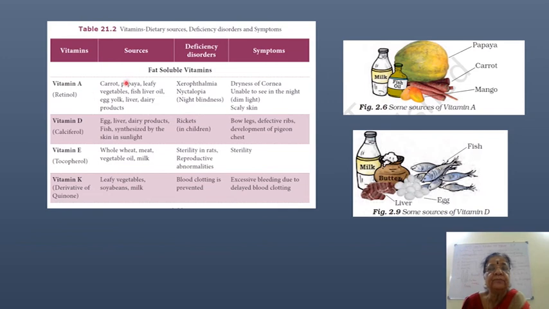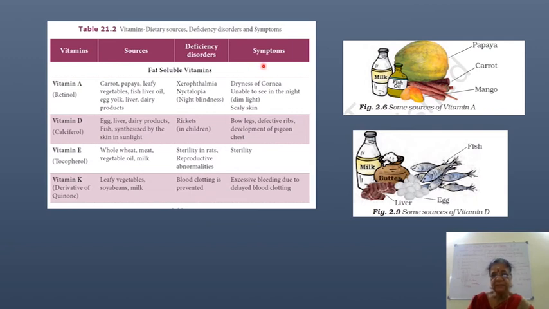Next, deficiency diseases: for A, xerophthalmia, nyctalopia, night blindness. Normally we know it as night blindness and color blindness. Vitamin D deficiency affects children as rickets. For vitamin E, sterility, that is reproductive parts are affected. And for vitamin K, blood clotting is prevented.